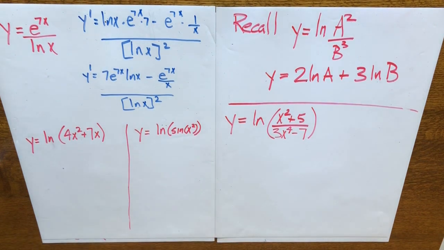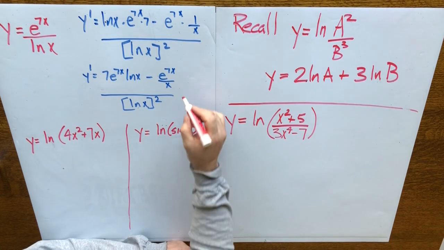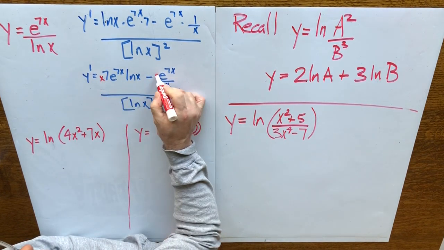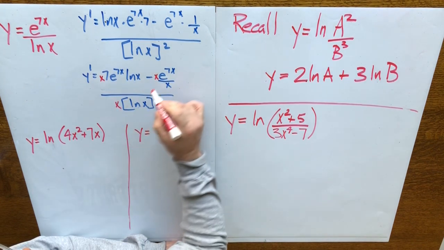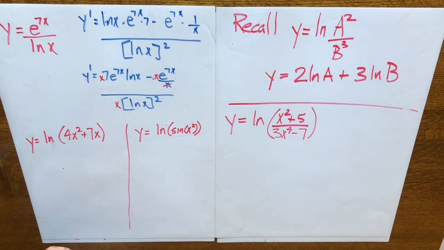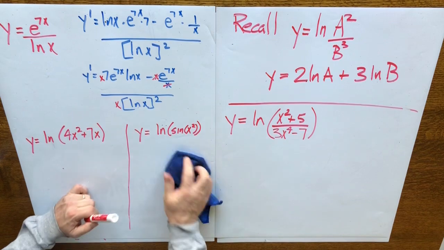I didn't leave myself enough room to simplify that one, so I'm going to have to improvise here. First of all, we are going to multiply everything by x. Multiply this term by x, and this term by x, and this term by x, so that we can cancel those off.